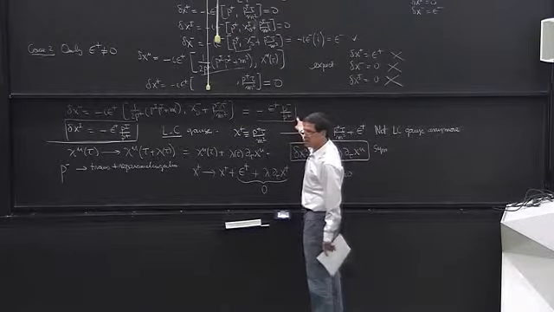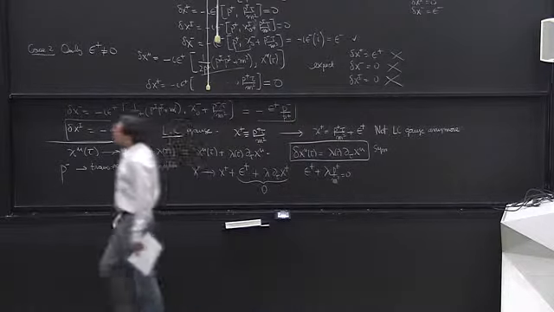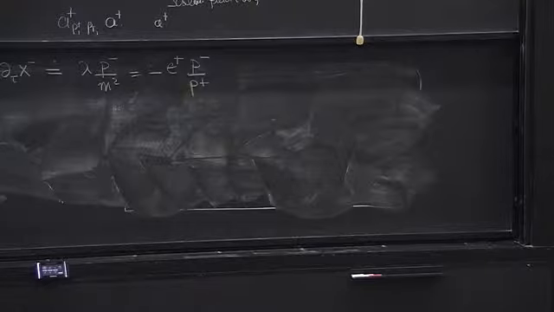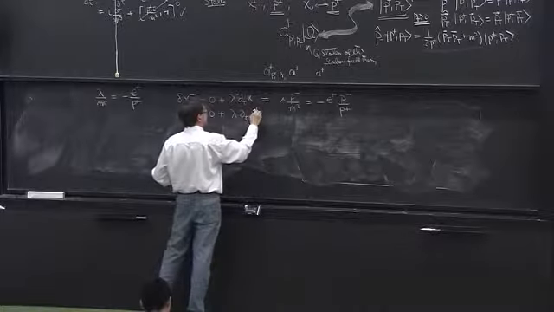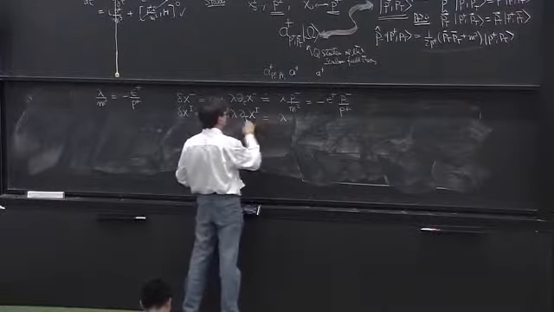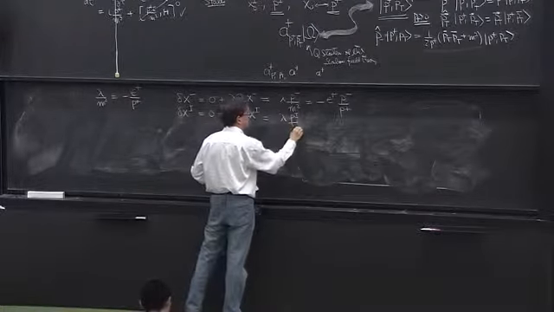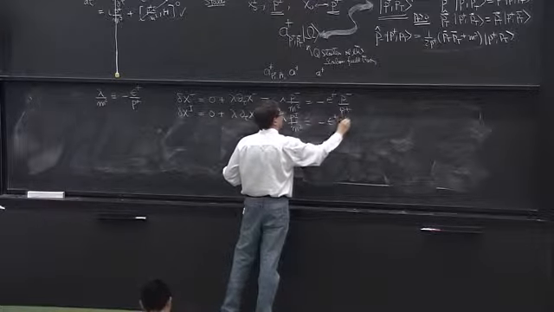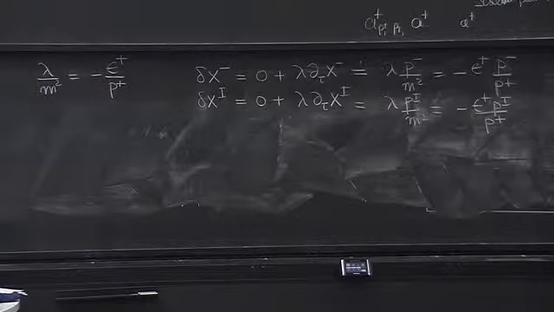It's exactly that. That's what it did. Similarly, for δξ, it wouldn't translate it, but the reparameterization still holds, ∂_τ ξ, so this should be λ. ∂_τ ξ is π over m squared, so you get minus ε^+ π over p^+, which is the other one.